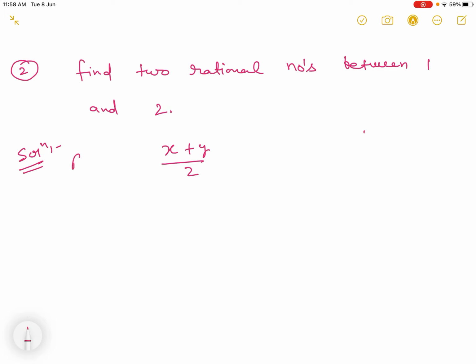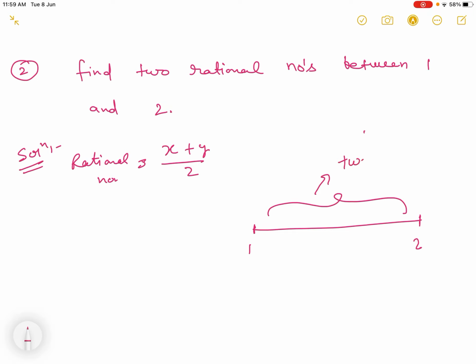Right, to find a rational number we have this formula. First of all we will make a number line and place 1 and 2. In between we have to find two rational numbers.